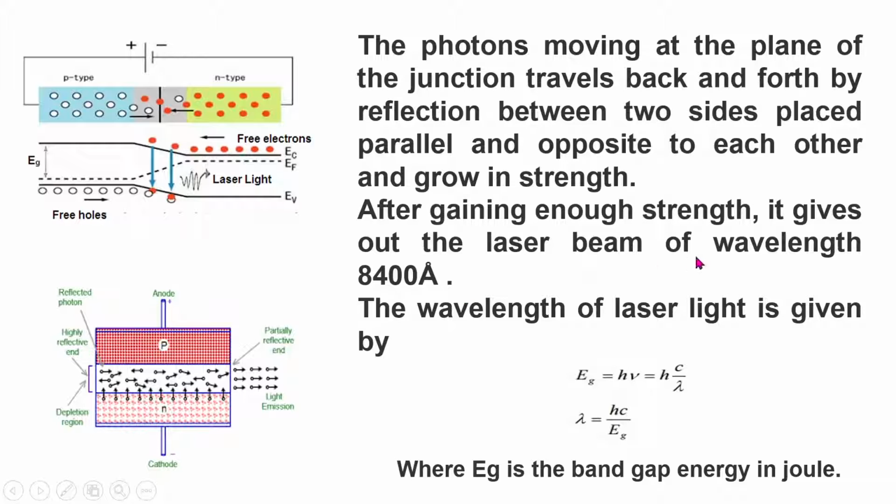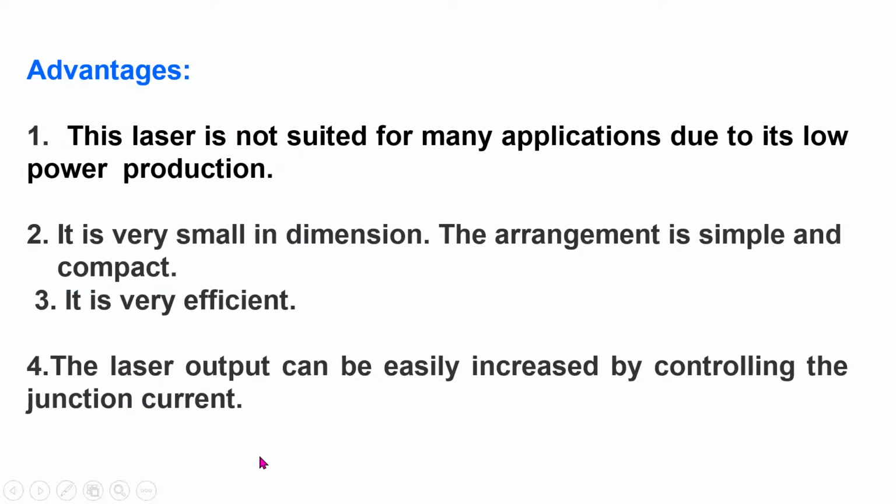After gaining enough strength, it gives out the laser beam of wavelength 8400 angstrom. So now in this way, we can see that a large number of photons will be moving in between these two reflecting ends. So this is the highly reflecting end, this is the partially reflecting end here.